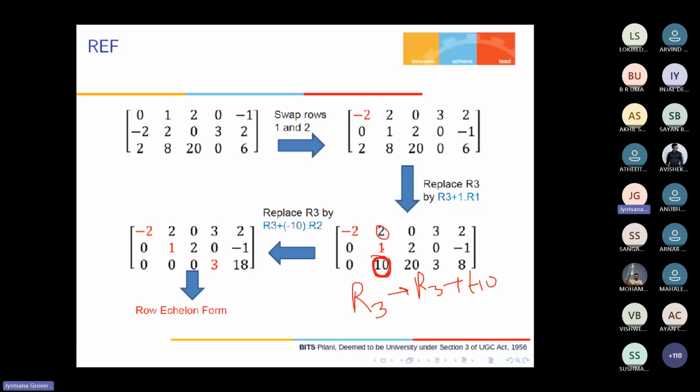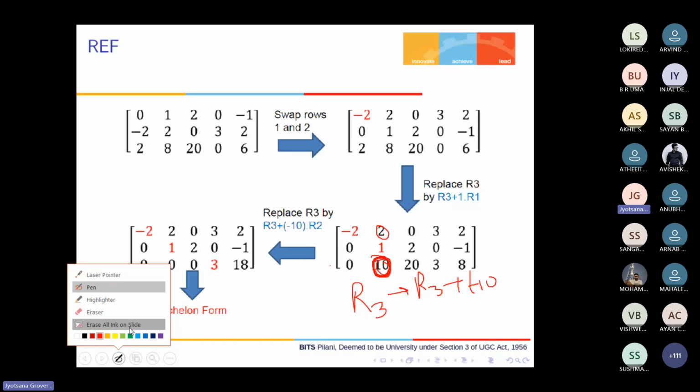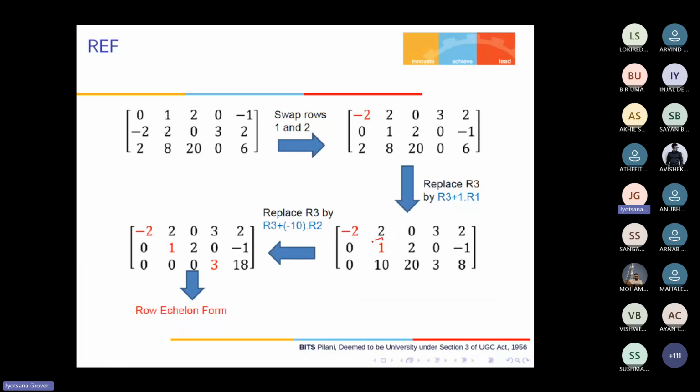Here you will land up with 0, but here you will get some non-zero value. Okay. So whatever leading entry you are looking at, you are looking at the leading entry of row 2, so whatever operations you apply have to be with respect to row 2 only. So how will you convert it to 0? You apply this elementary row operation: R3 is R3 minus 10 R2.